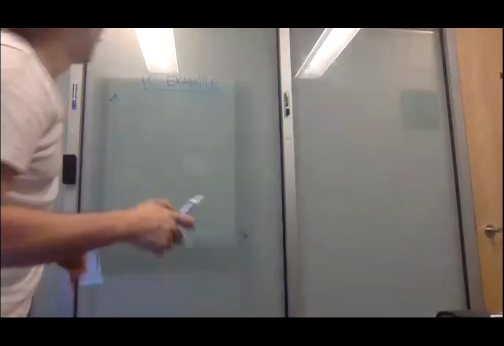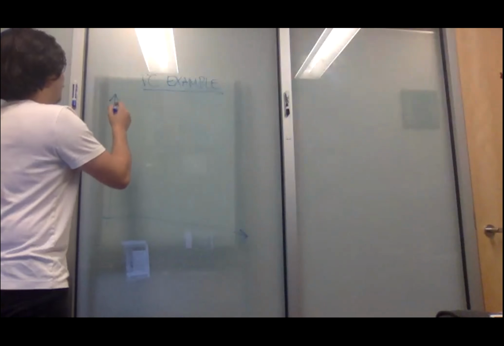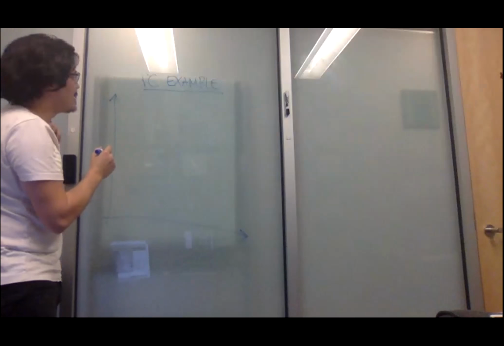Okay, half a point if you put the axes. You get another half a point if you label the axes correctly. So, label the axes correctly. What is the y-axis? What are we valuing? We are valuing the VC security, correct?